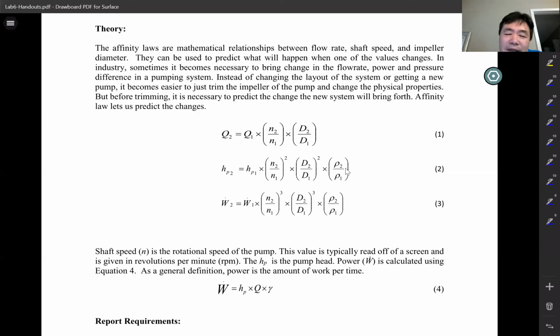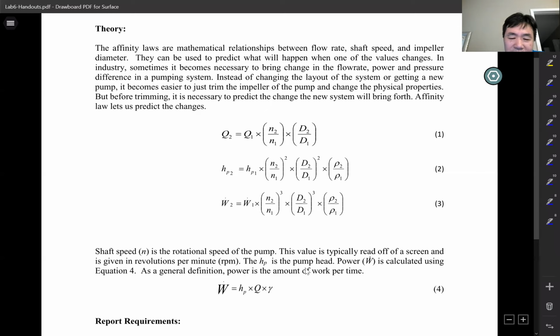The assumption here is the change is small, not that much. We assume that the efficiency of the pump stays about the same. Then the affinity law will be satisfied. If you really change a lot, then the affinity law won't be accurate.